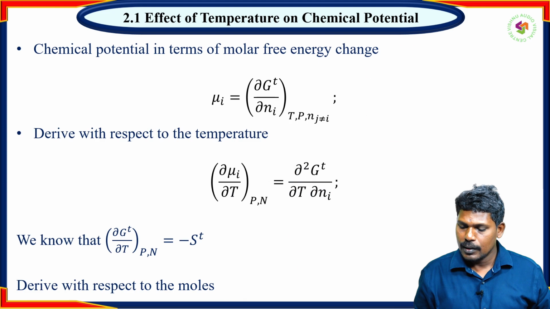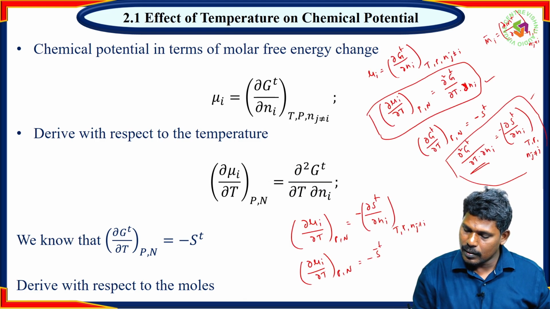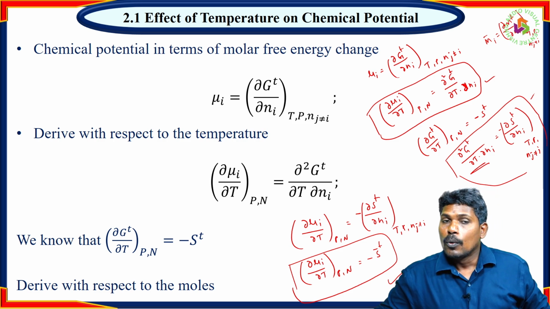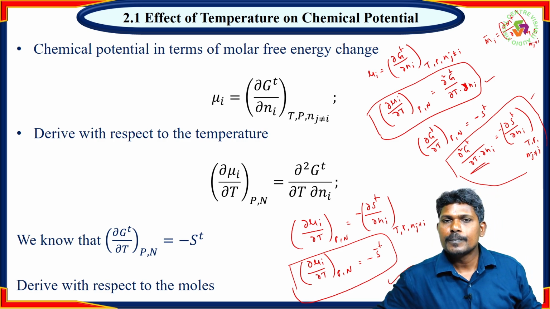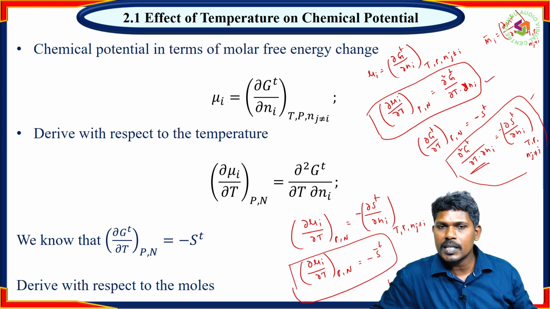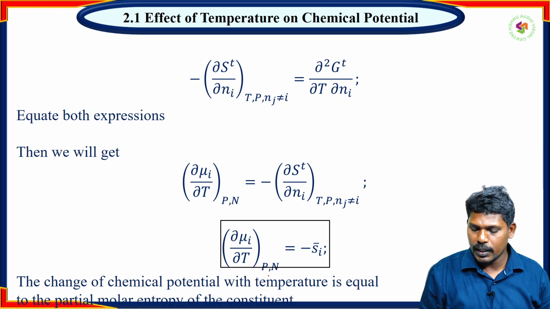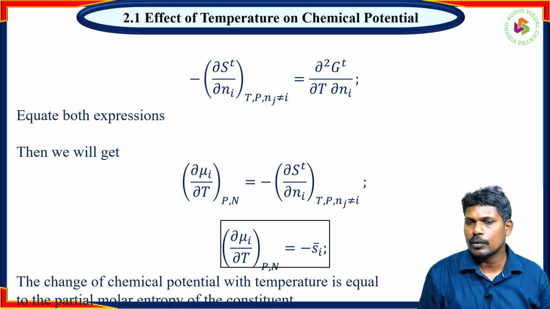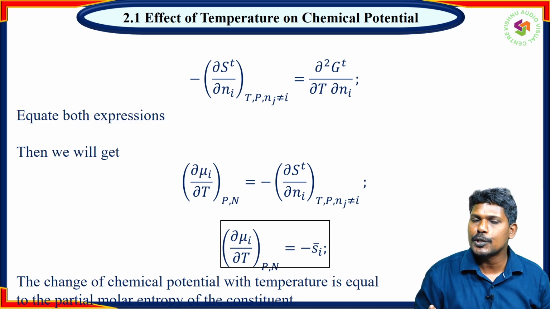So we can write minus S_i bar. This is the effect of temperature on chemical potential: with changing temperature at constant pressure and number of moles, dou mu_i by dou T is equal to minus S_i bar. It means that the change of a particular compound's chemical potential with temperature is equal to that compound's partial entropy in the mixture.